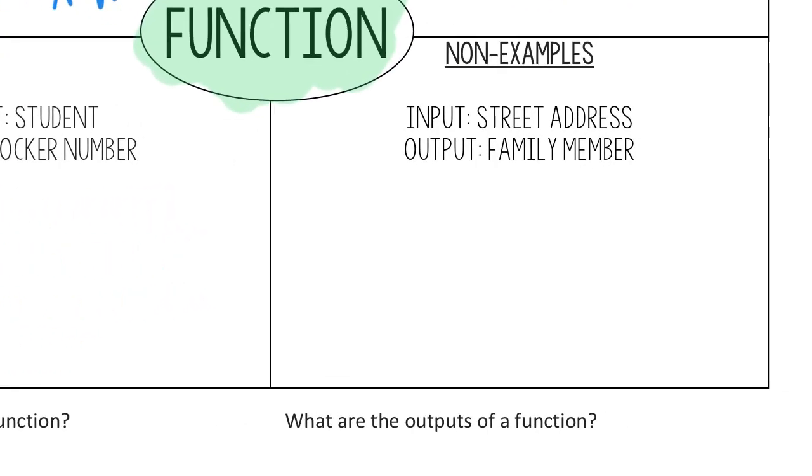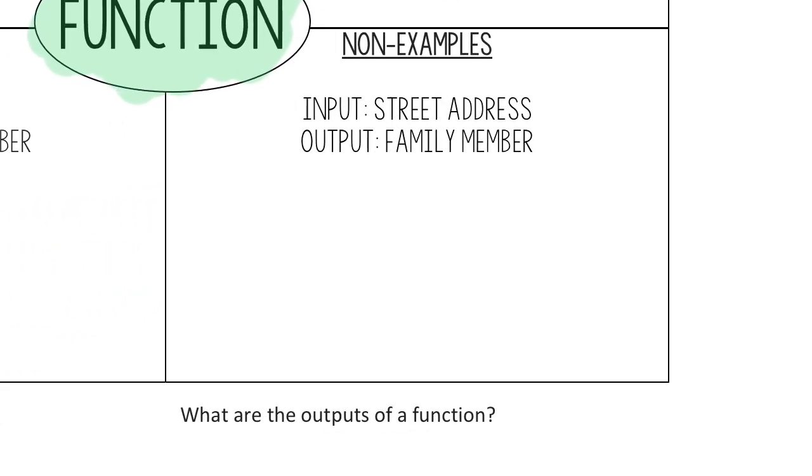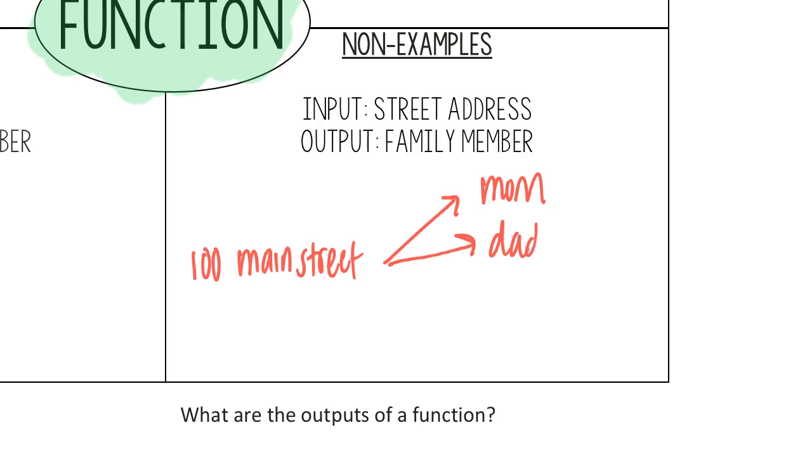If you toggle over to the right, a non-example would be like a street address being an input and an output being a family member. So let's say that you live at 100 Main Street. 100 Main Street could be mom, could be dad, could be bro, and sis.